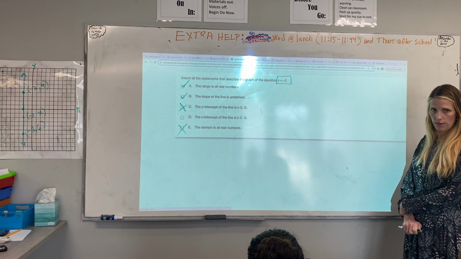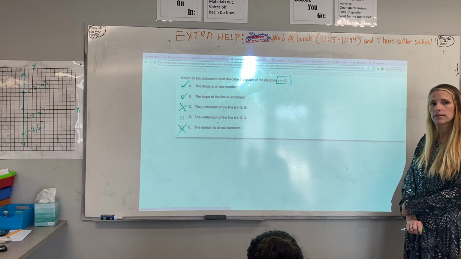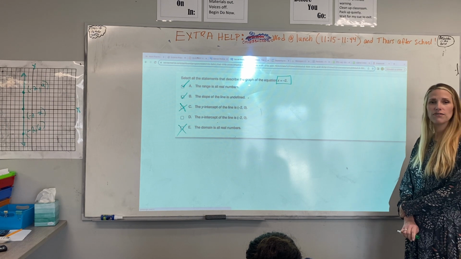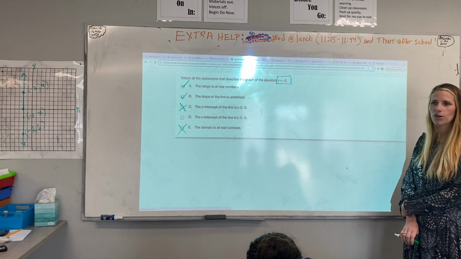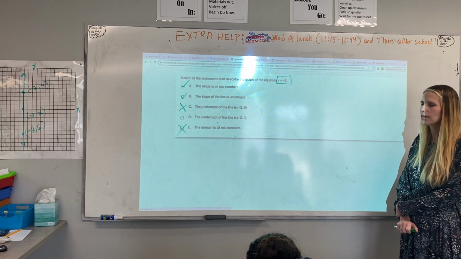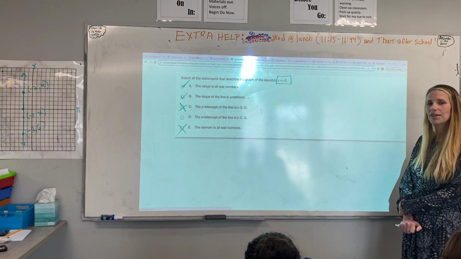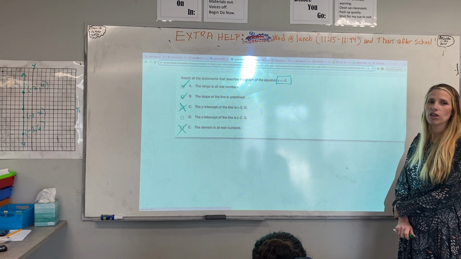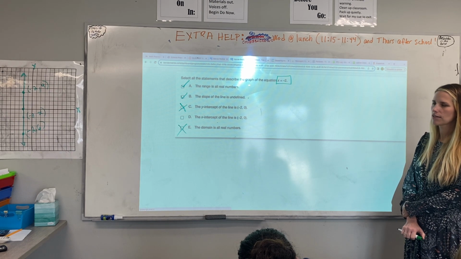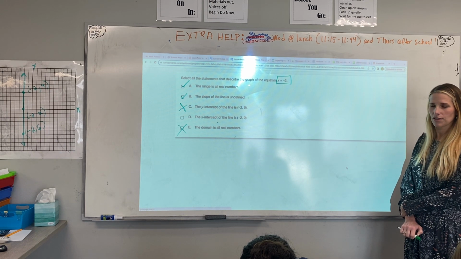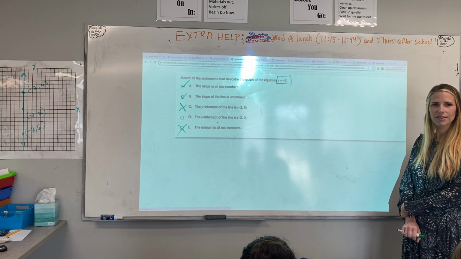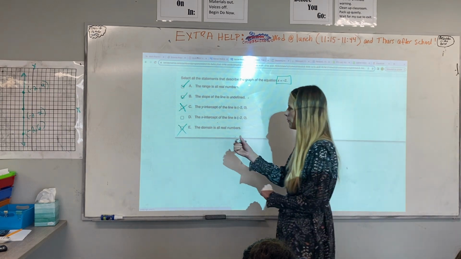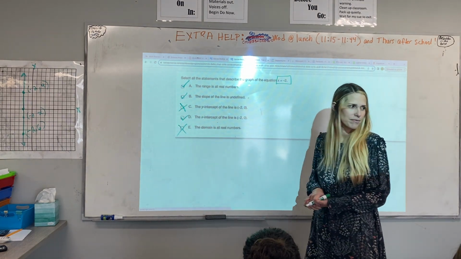It goes not through the center, but through what? I don't know what to call it. Well, I'll give you a hint. There are two axes on a coordinate plane. There's the x-axis and the y-axis. It goes through the x. Correct. And what is the point where the line is going through the x-axis? Wouldn't it be -2, 0? Correct. So is it true or false? True. You got it.